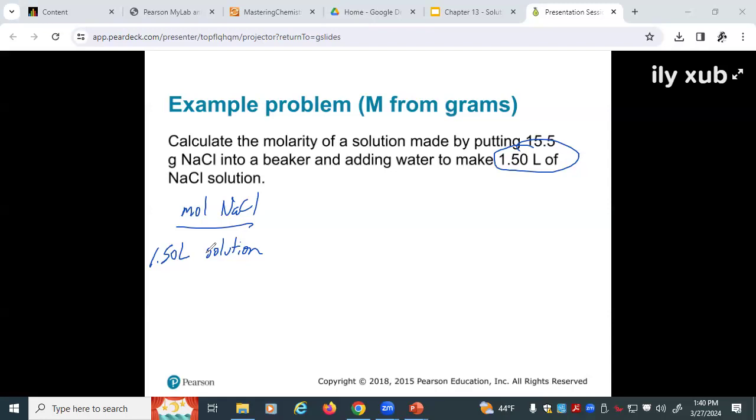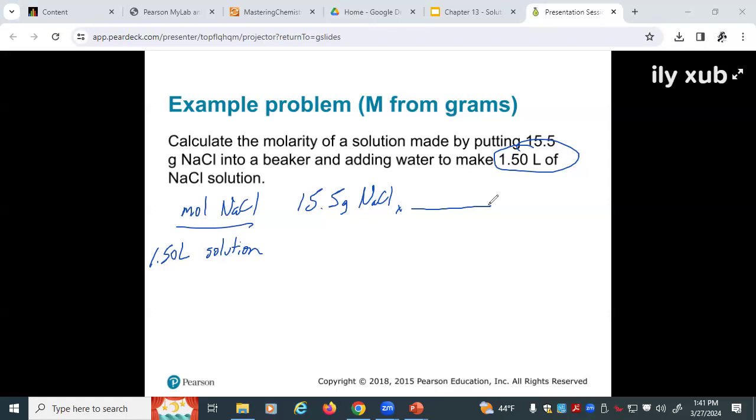So what we need to turn to is a familiar calculation, turning grams into moles. How do we go about doing that? Well, we've got to go back to our old friend, the periodic table, and calculate a molar mass.